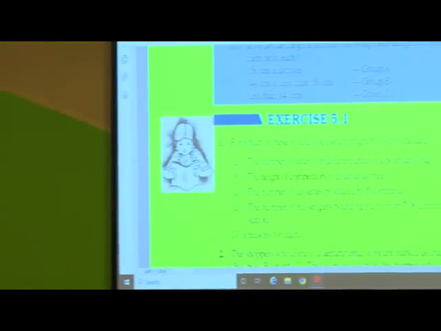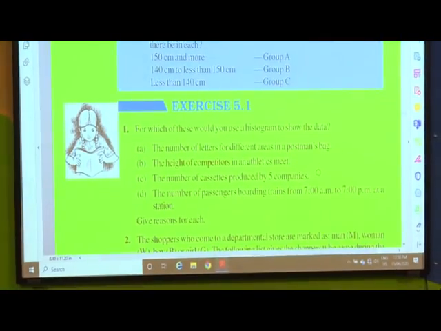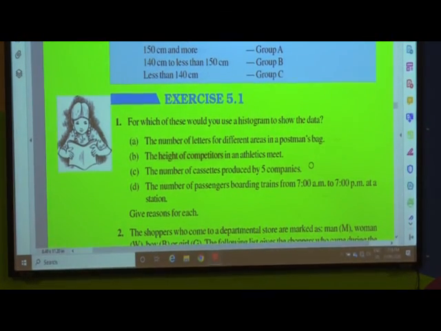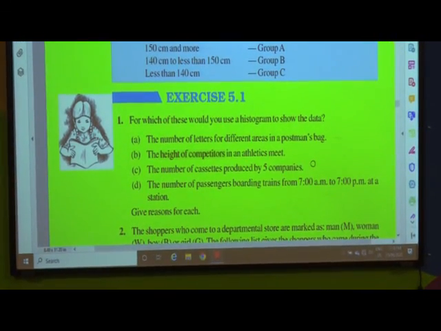Now frequency is present in all 4 situations. In situation A, the number of letters. In situation B, the count of the athletes height wise. Situation C, the number of DVDs, and in situation D, the number of passengers. These are the frequencies.